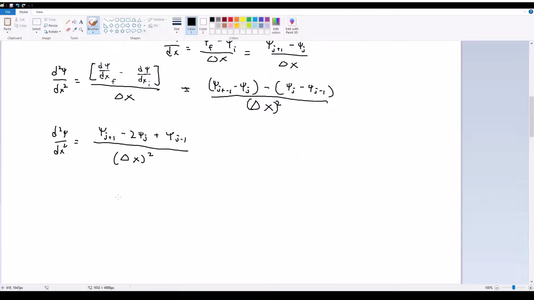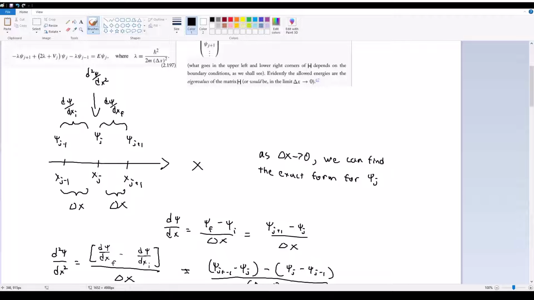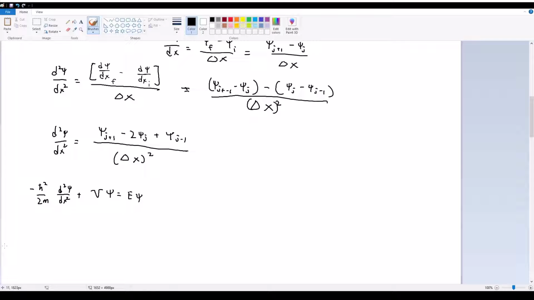So then we can plug this back into the Schrodinger equation, because remember the Schrodinger equation is negative h bar squared over 2m multiplied by d2 psi by dx squared plus v times psi is equal to e times psi. So if we want to analyze the Schrodinger equation at each of these individual intervals, then at, for example, x sub j, we would have negative h bar squared over 2m multiplied by our new expression, psi j plus 1 minus 2 psi j plus psi j minus 1 divided by delta x squared.